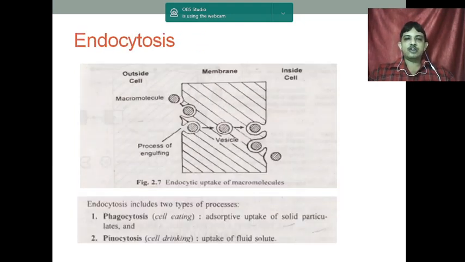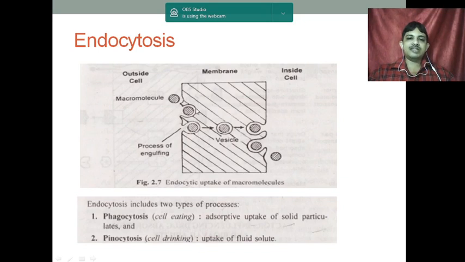Next is endocytosis, which is cell eating or cell drinking. The macromolecule comes near the membrane, and the membrane engulfs the molecule.